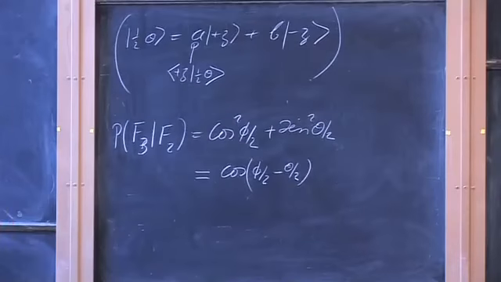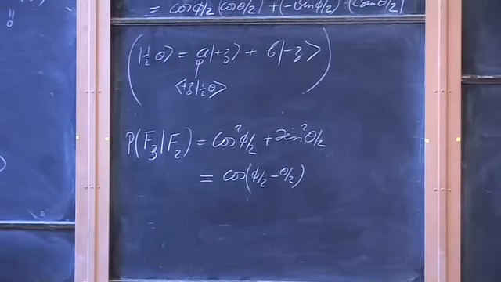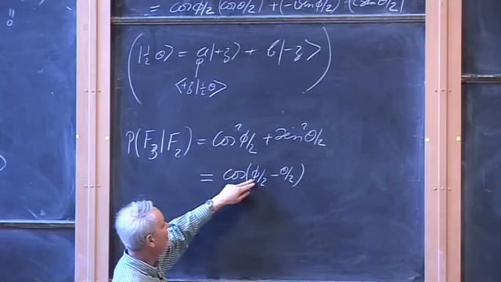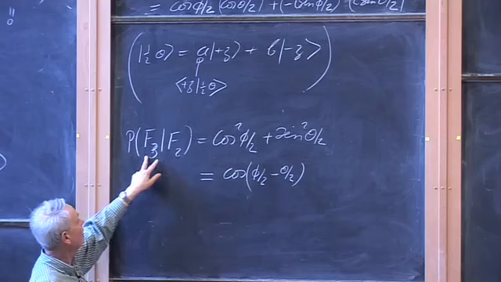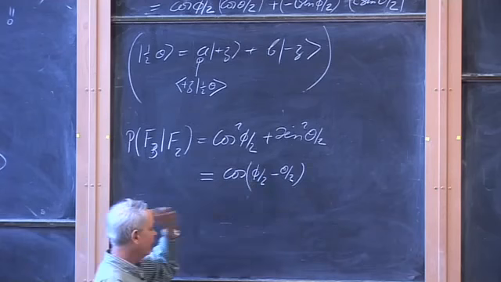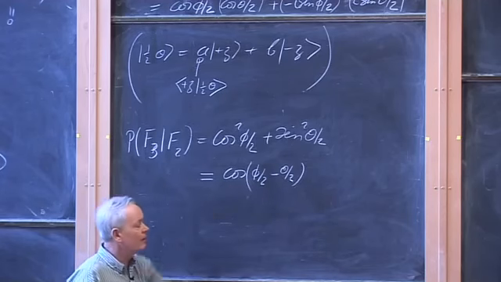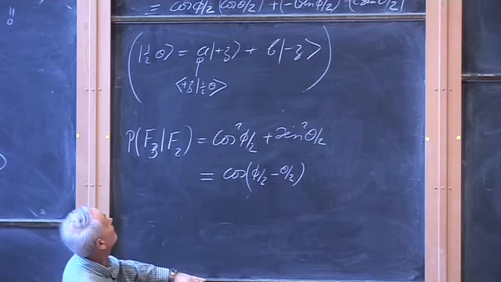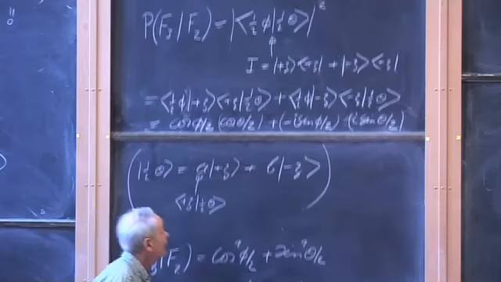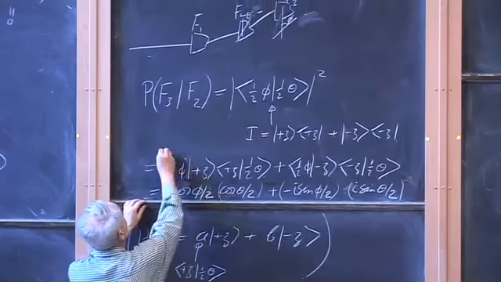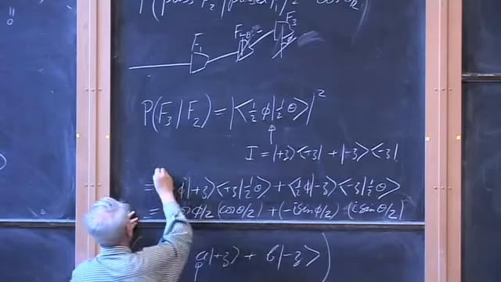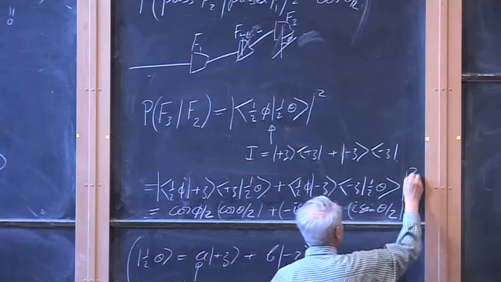So does this make sense? It tells me that if phi is the same as theta, I'm certain to get through. That's good. If the difference in the angles is pi upon 2, then I have a chance. We have failed to mod square the whole thing. That's what's gone wrong. So this got expanded to this, and this whole thing needed a mod square.